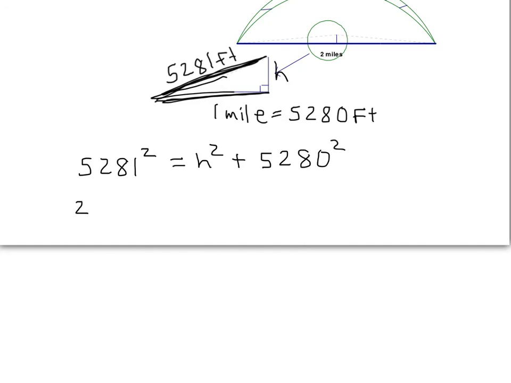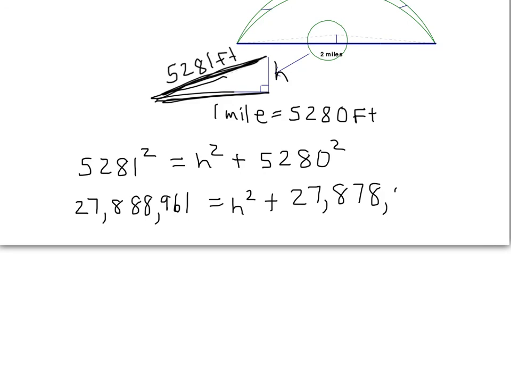That's 27,888,961 equals h squared plus 5,280 squared. Ooh, that's 27,878,400. And these are large numbers.